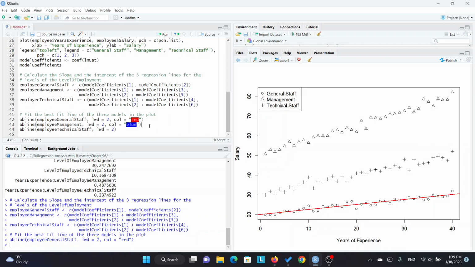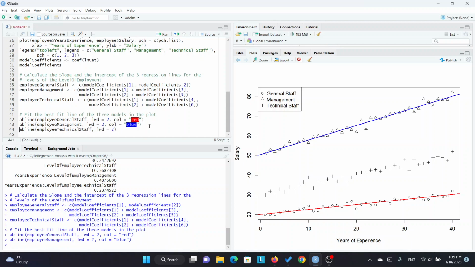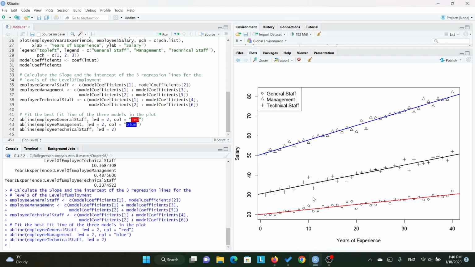Okay, let's run the same thing for management. And as you can see, the management is the same thing. The triangles, the pyramids, follow closely the blue line. So that means it's a very good fit. Let's run it for the technical staff. So again, for the technical staff, you can see it's the same thing.